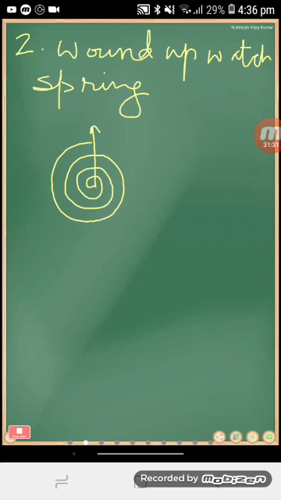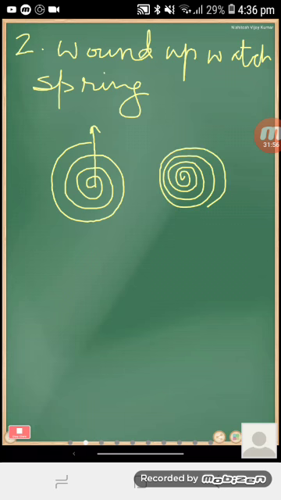Clear? When we are winding this spring, generally when we are keying in the watch, earlier we used to have to wind it to let it work. Nowadays the same thing has been done by the cells which we are using. Now when we are winding it, we are making it very close, and there is a change in the shape of the spring.